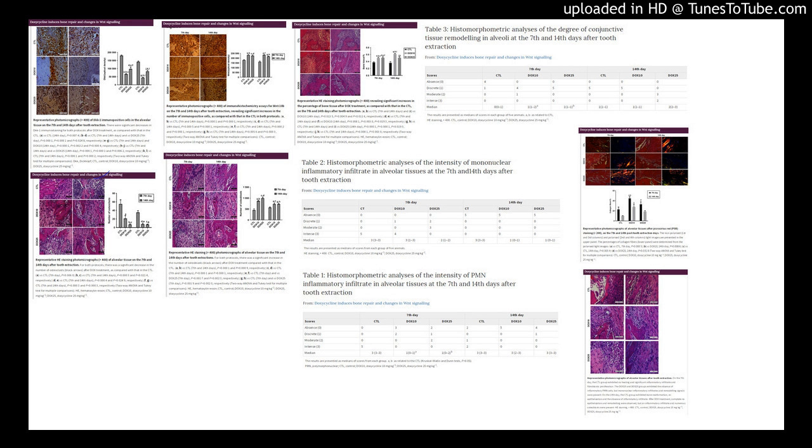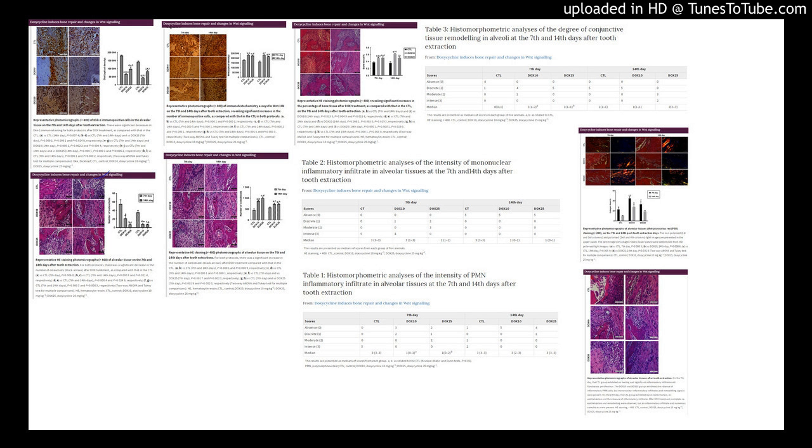A, B, versus CTL, 7th and 14th days, P<0.0001 and P=0.0009, respectively. C, D, versus CTL, 7th and 14th days, P<0.0001 and P<0.0001, respectively.